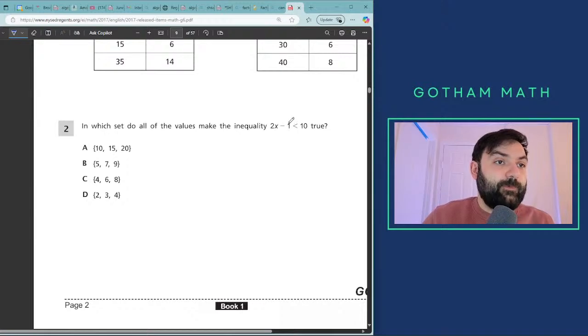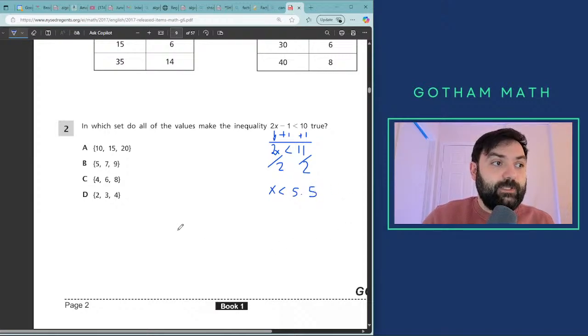The first step in solving a two-step inequality is getting rid of the regular number, which is the -1. So we do a reverse action of that -1, leaving us with 2x less than 11. Now we divide both sides of the inequality by 2, getting x less than 5.5.